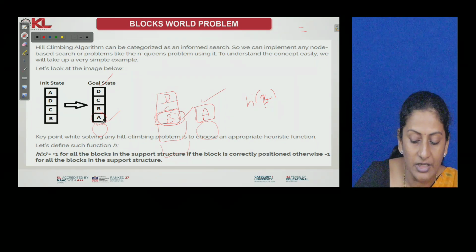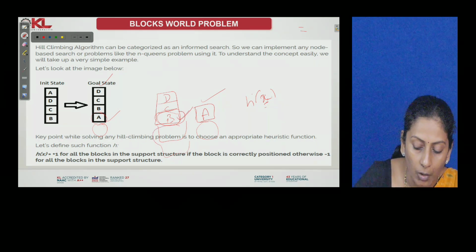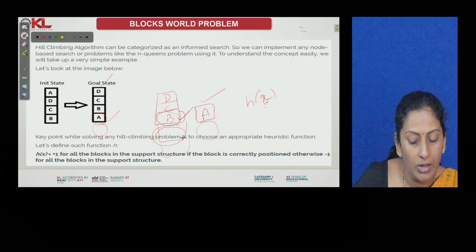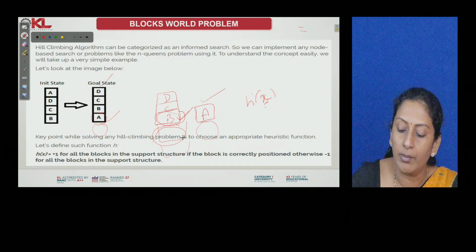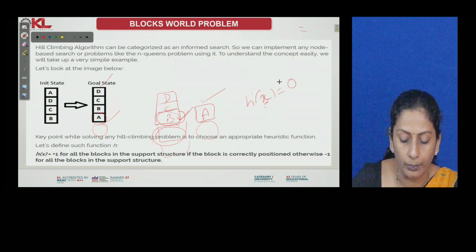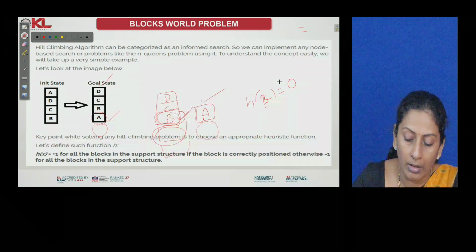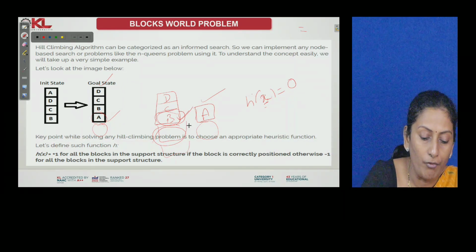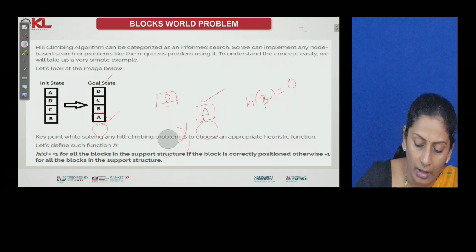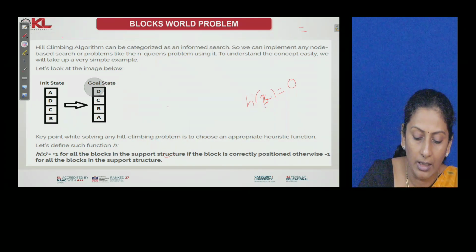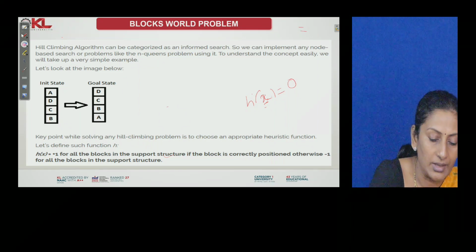But in the current state there are none, so nothing to do. My heuristic value is 0 for this also. So this is for B and A. Now we have completed this, right?